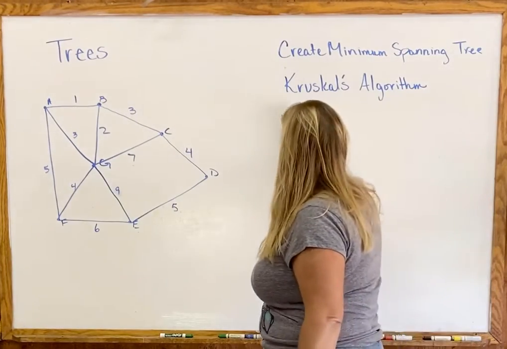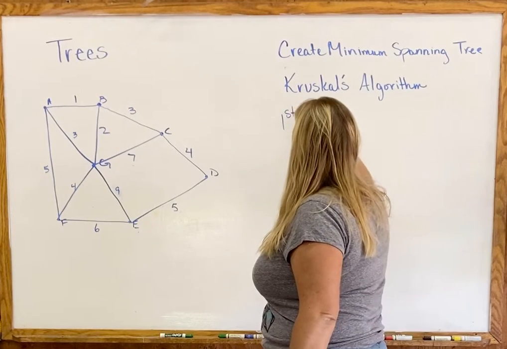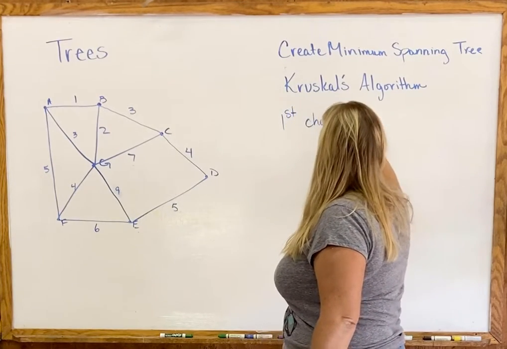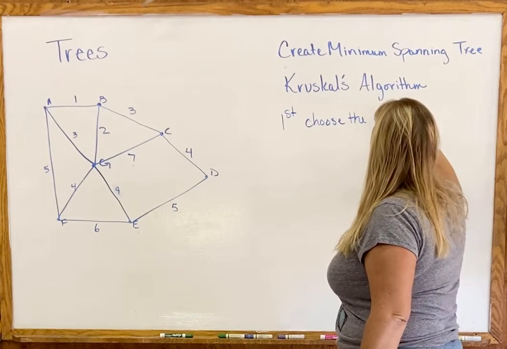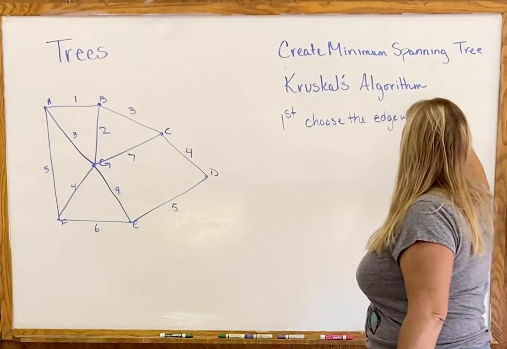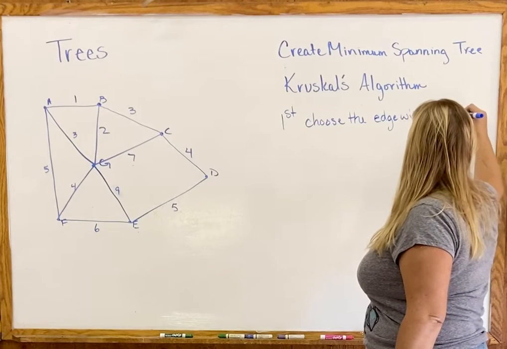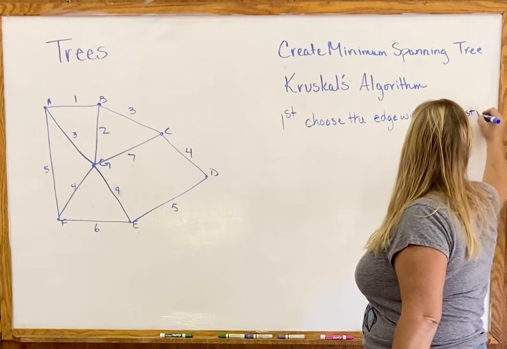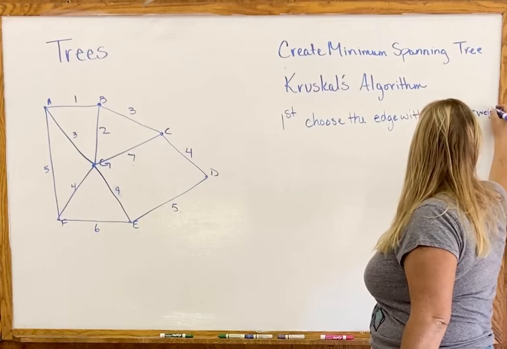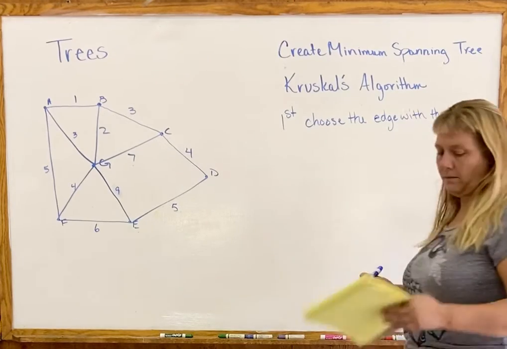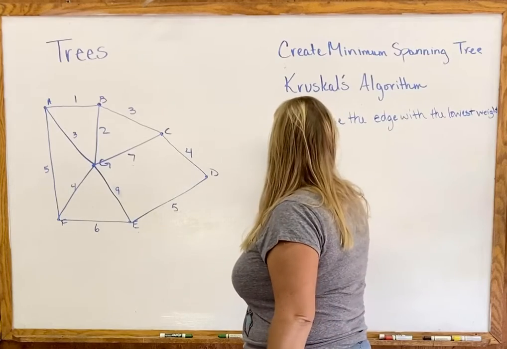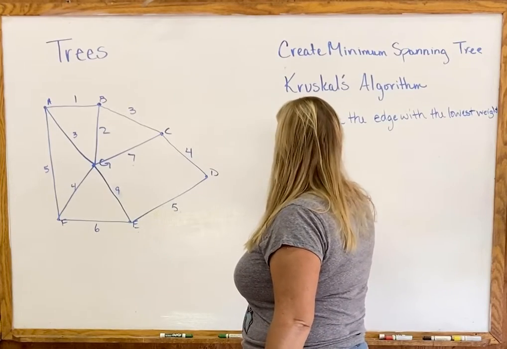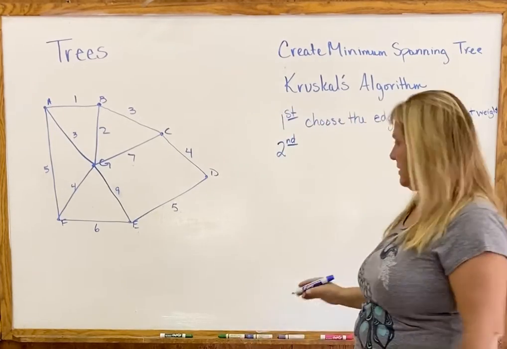First, we're going to choose the edge with the lowest weight. Then we're going to choose the next lowest. Now, after we write this down, you're going to be like, really? Somebody had to come up with this?